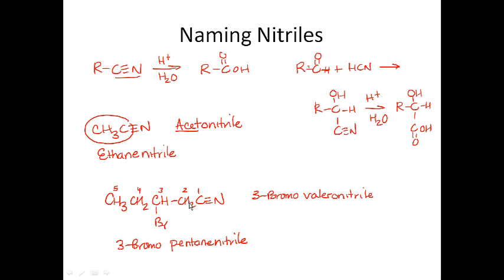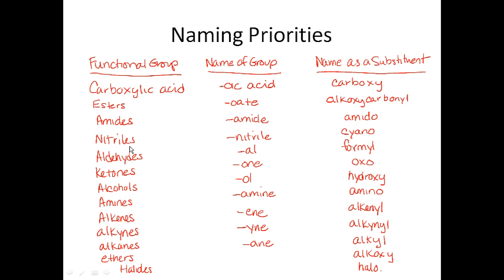And the problem is the Greek lettering system would actually start at the carbon next to the carbonyl. So this would actually be called beta-bromovaleronitrile. So we won't worry about the Greek lettering system for the moment. But basically in your IUPAC naming, you just take the number of carbons and then write whether it's an ethane, methane, propane, butane, etc. But the nitrile is automatically assumed to be carbon number 1.